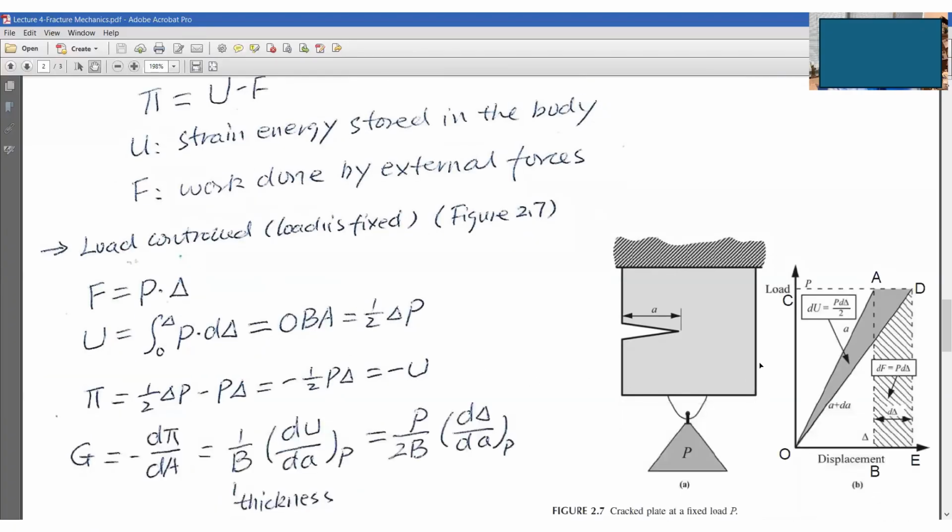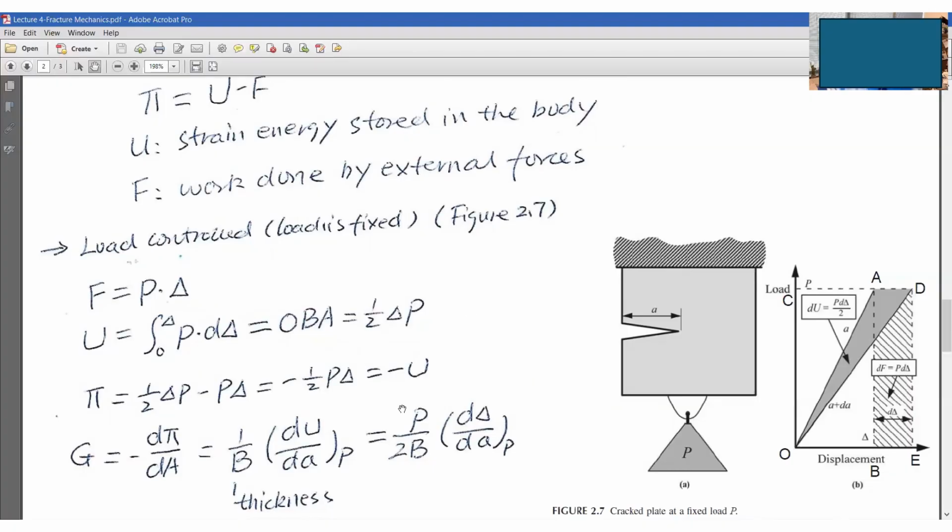So look at this figure 2.7. This is just a schematic representation of load controlled loading. Here is a cracked body with an edge crack of length A, and here is a weight P connected at this end.